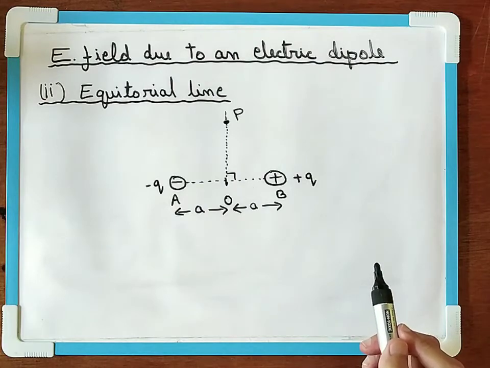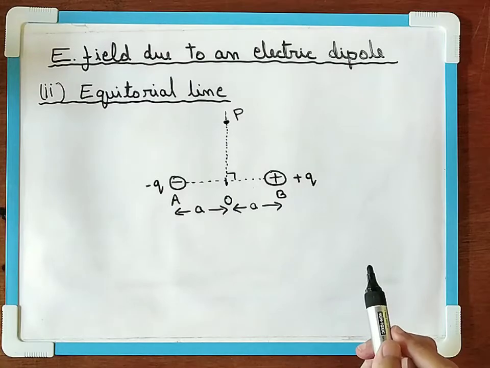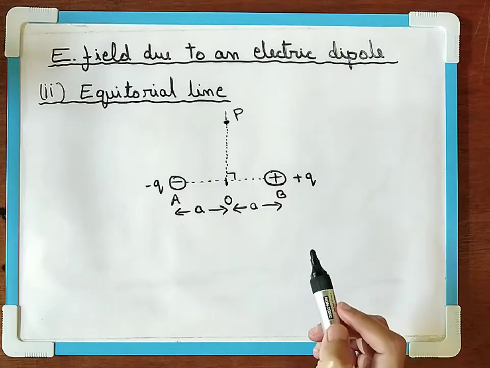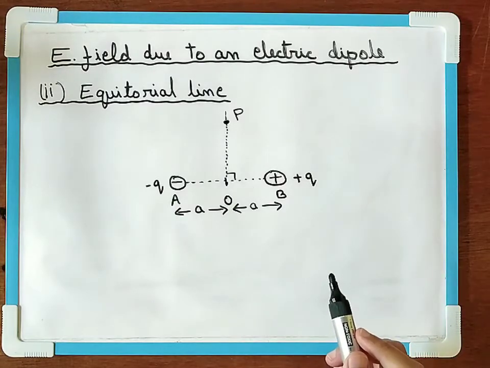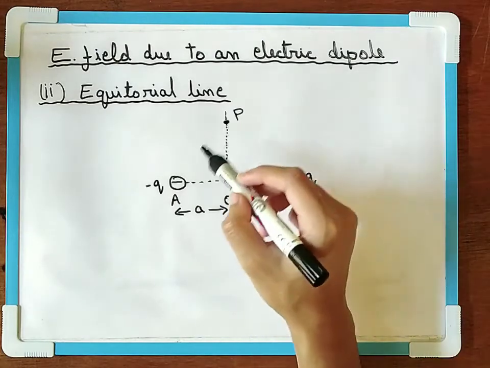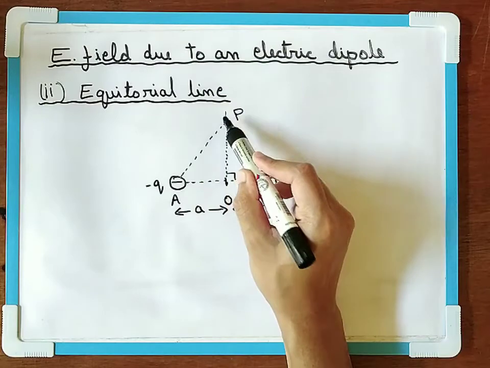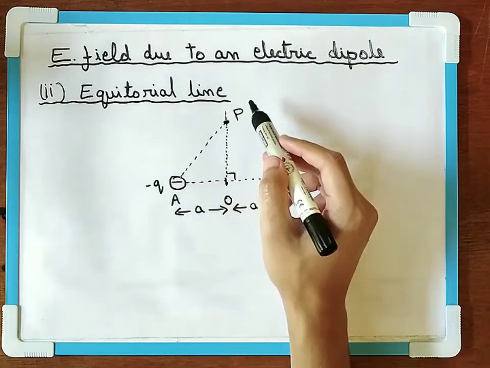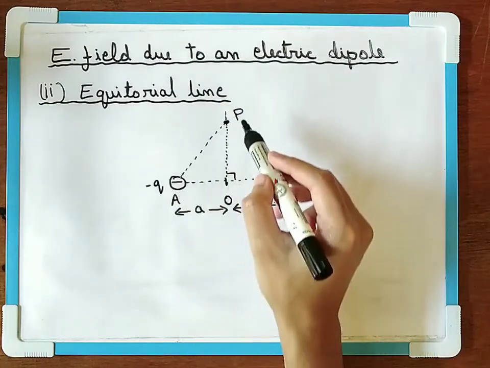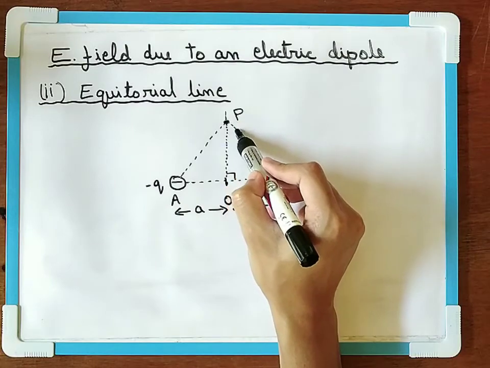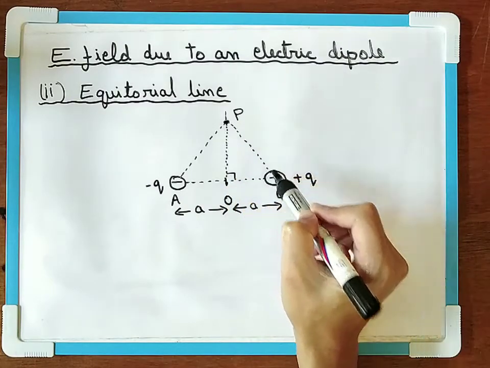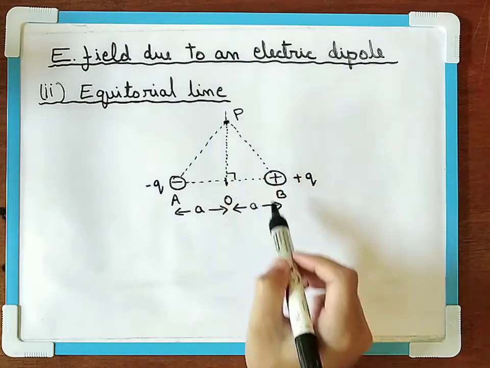Now the electric field at point P will be due to charge minus q and due to charge plus q. So we have here the distance of this charge minus q from point P is this AP, and the distance of this point P from the charge plus q is PB.